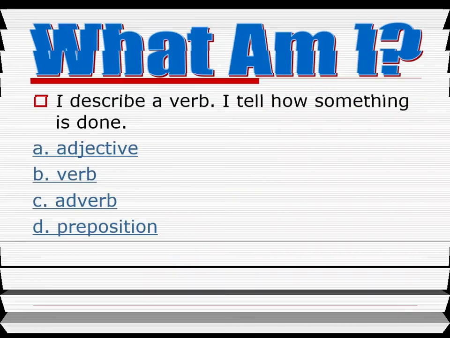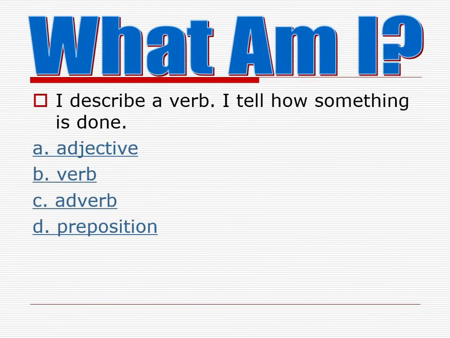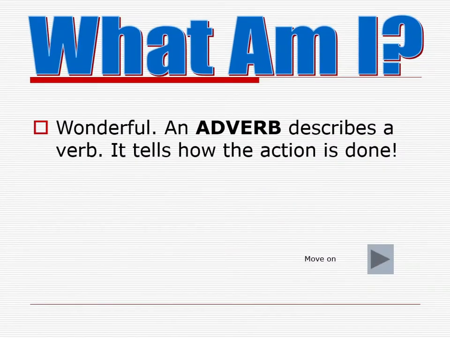Great work. What am I? I describe a verb. I tell how something is done. Adverb. Wonderful. An adverb describes a verb. Remember that an adverb describes a verb. It tells how an action is done.